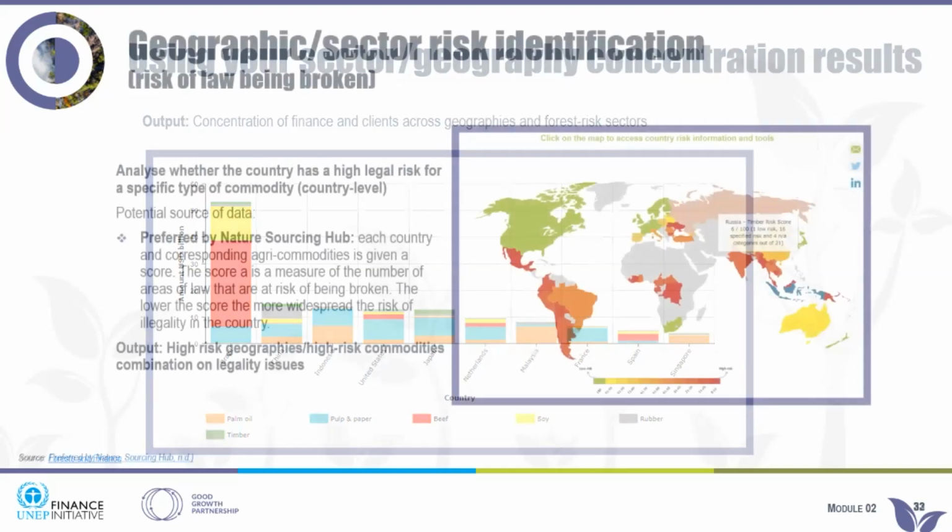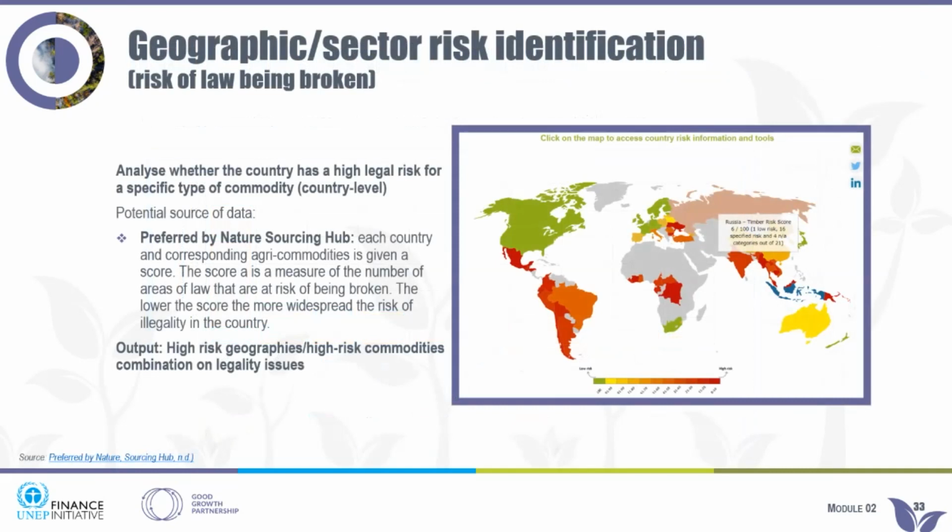So we're first going to start looking at the portfolio level assessment, as we've done with reputational risk. The first step in the identification of legal risk is the analysis, as mentioned, by geography and sector. And again, the legal risk conferred for particular commodities will vary by country, by region, and subnational jurisdiction.